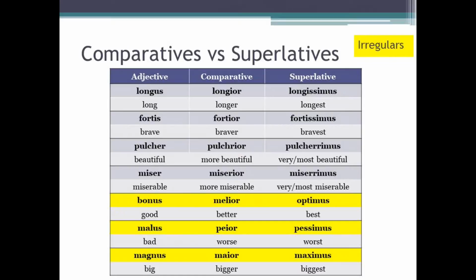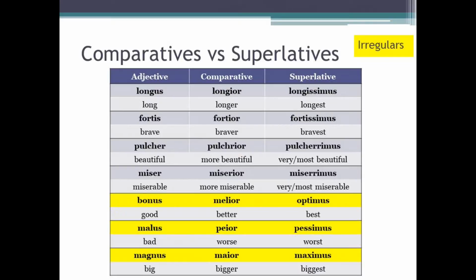Fortis, brave, fortior, braver, fortissimus, bravest. Pulcher, beautiful, pulchrior, more beautiful, pulcherrimus, most beautiful. Notice the pattern. Miser, miserable, miserior, more miserable, miserrimus, most miserable.